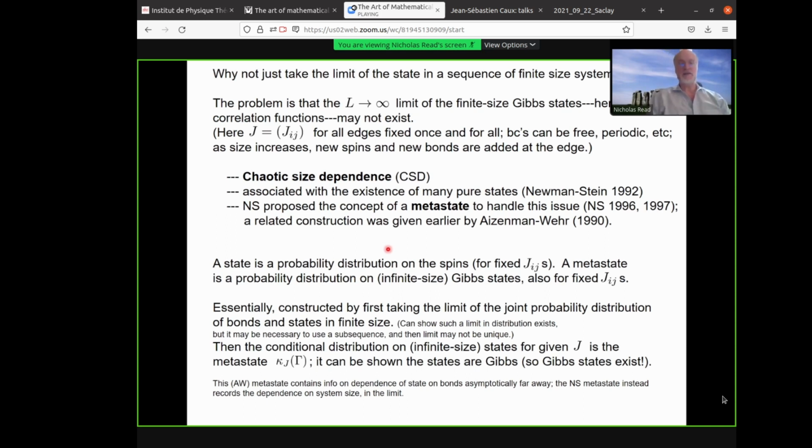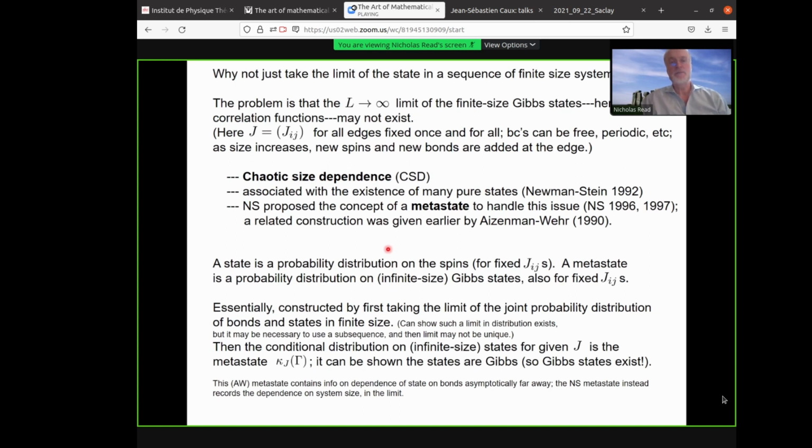Basically, the way that one can construct this in the Ising and Wehr form is we first look at the joint probability distribution of bonds and of states in finite size, and we take a limit, in the sense of convergence in distribution. I won't get into what that means. But we can get the limit, and we may have to use a subsequence of sizes.